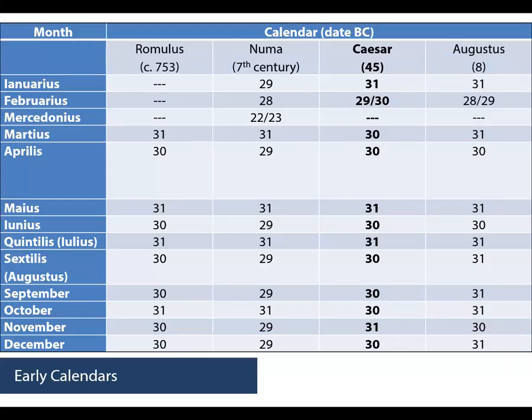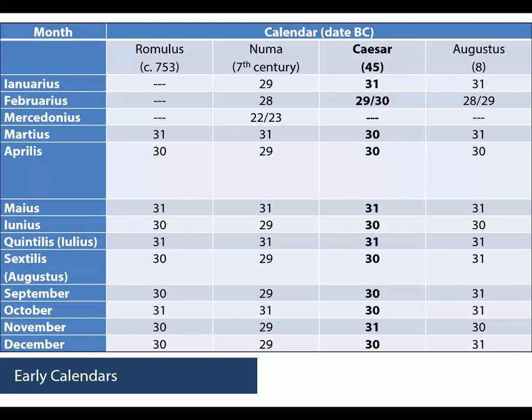Here we have a sort of a chart that shows some of the earlier calendars that were created by Romulus, and one that was created in the 7th century by Numa. All these dates are in BC. And on the far left, we have the months as they were known with the Roman wording.